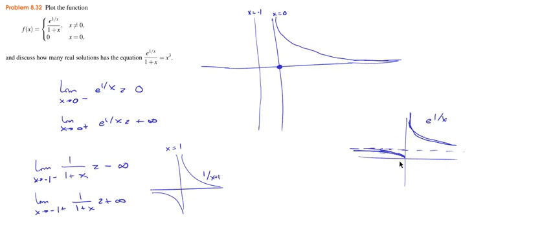Okay, so between 0 and minus 1, we know that e to the 1 over x times x is going to be between 0 and 1, okay? So you're multiplying this thing, which is very large, by something that's between 0 and 1. It's not going to change anything in the qualitative behavior of the function.